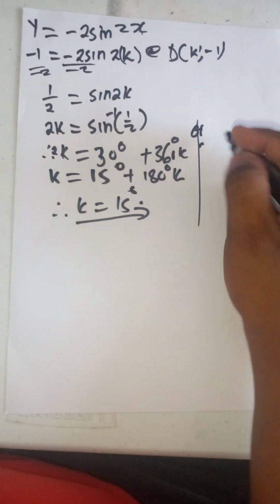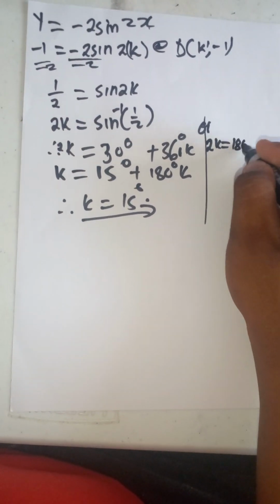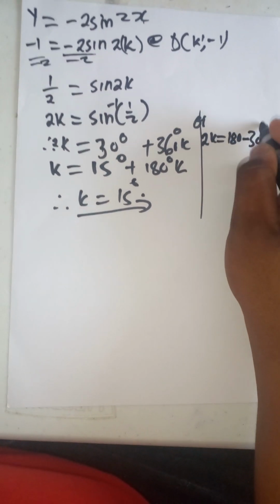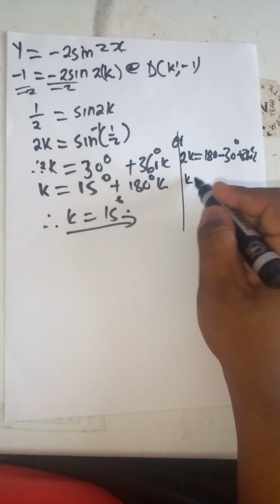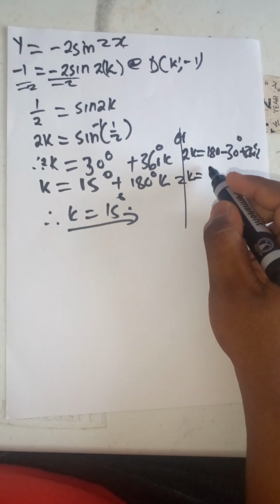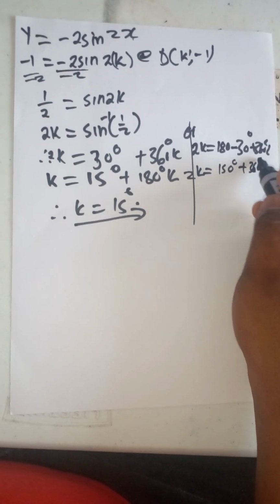So now it will be, this was the first quadrant. The second quadrant, it will be 2k equals 180 minus theta, which is 30 degrees, plus 360 degrees k. And then 2k is going to be equal to 150 degrees plus 360 degrees k.